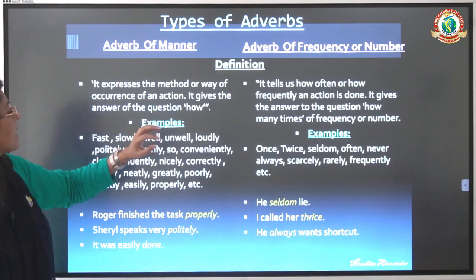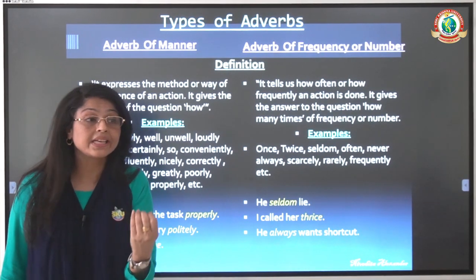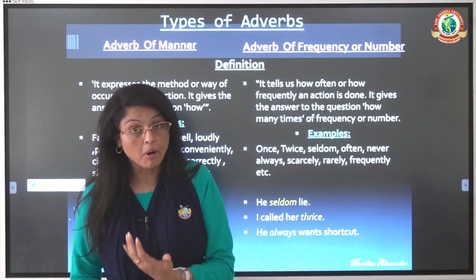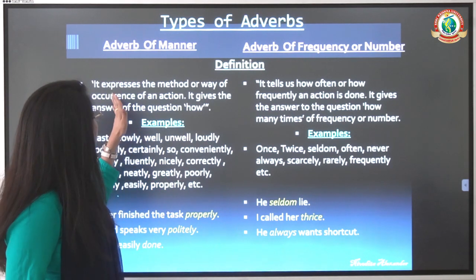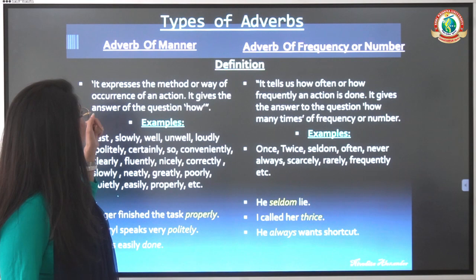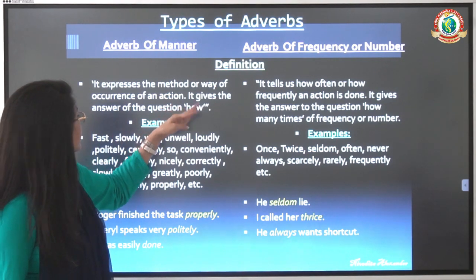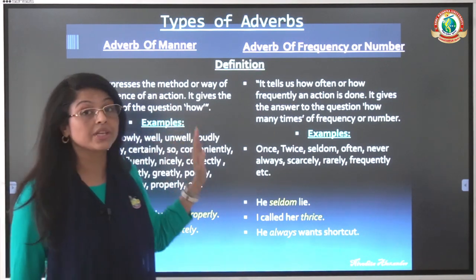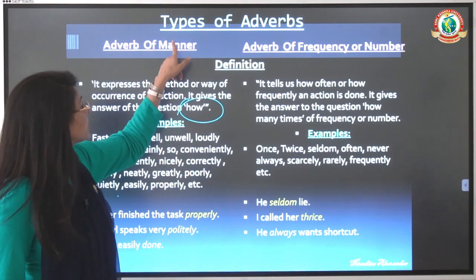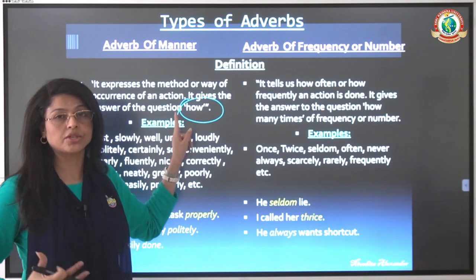So adverb of manner, as I told you, how anything is being done, or what is the degree of a verb which is being performed. It expresses the method or way of occurrence of an action. It gives the answer to the question how. Now this is very important. What question does it answer? How is any action being done?